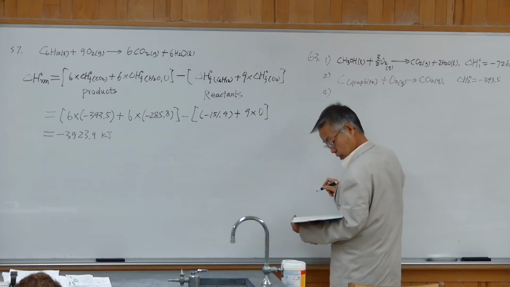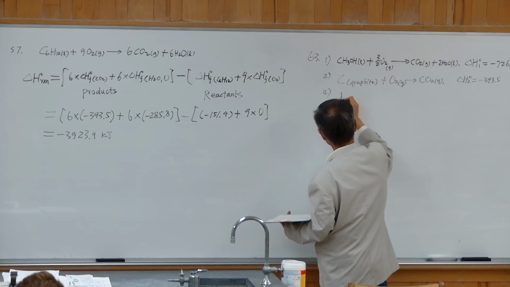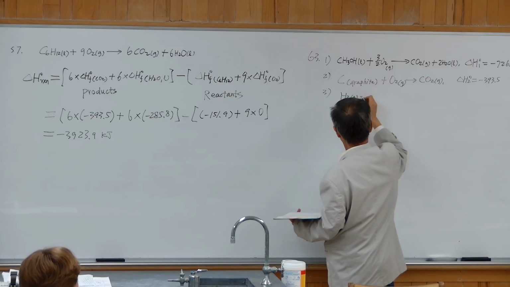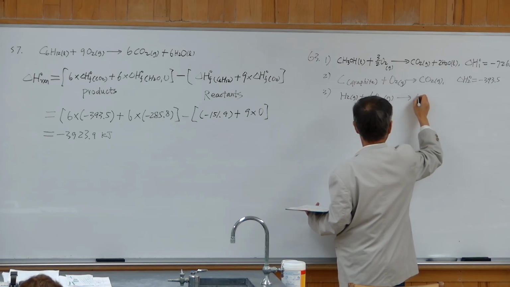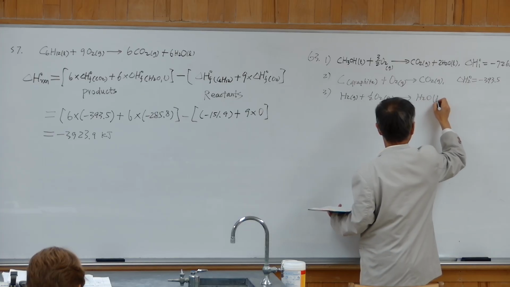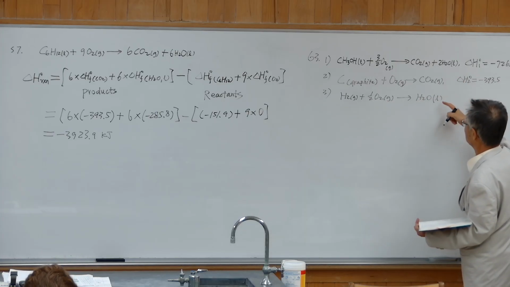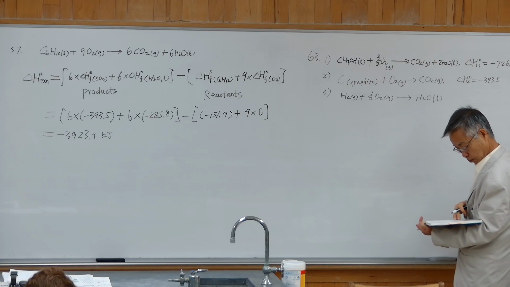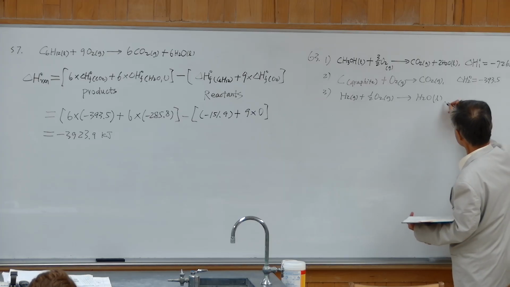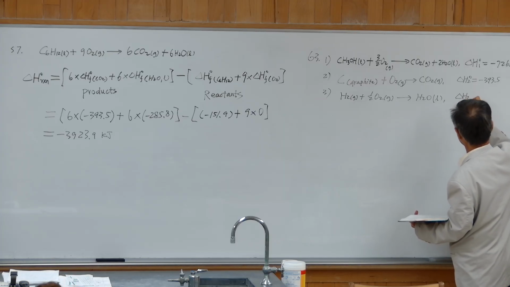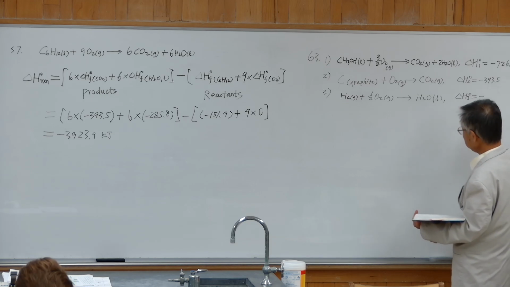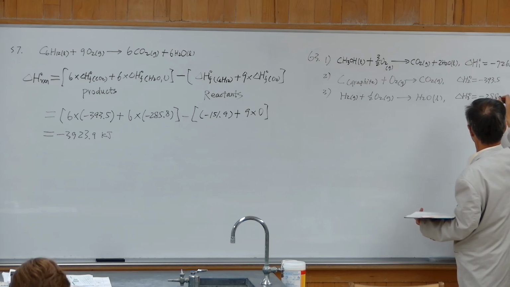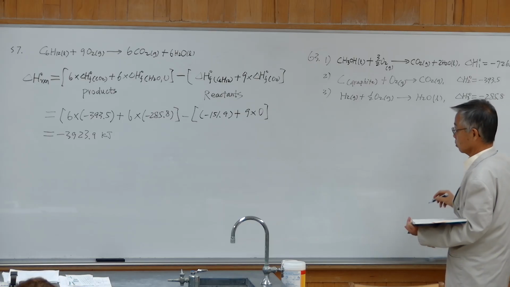Reaction 3, hydrogen gas reacts with oxygen gas to produce liquid water, because here it is liquid water, they must be the same. This reaction's enthalpy change is negative 285.8 kilojoule per mole.